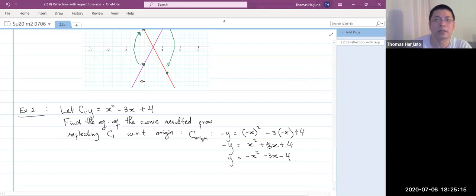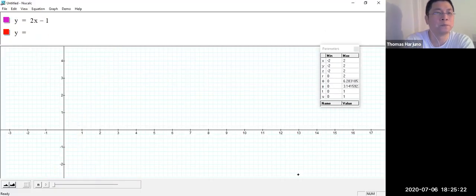Now, let's see if that's the case using my graphing software, just to confirm. Okay, so the next one is negative x squared minus 3x minus 4.